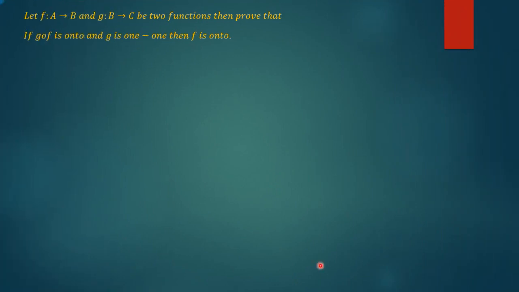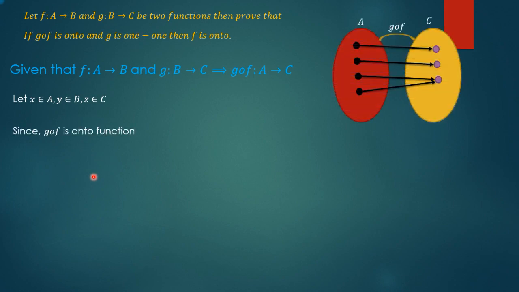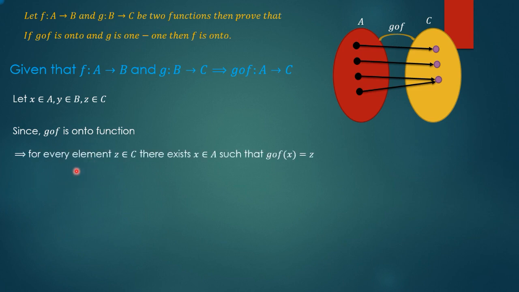Let us assume that x, y and z be elements of set A, B and C. Since gof is an onto function, this implies for every element z belongs to C there exists x belongs to A such that gof of x is equal to z.